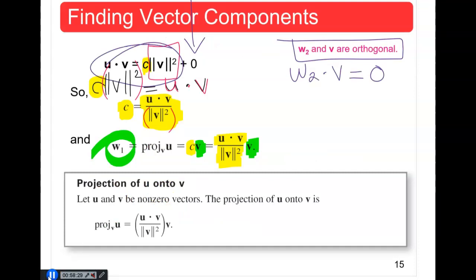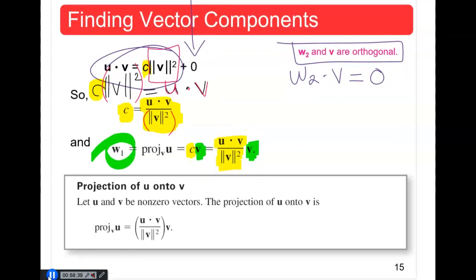So remember that also we said from the beginning, from the diagram, that vector W sub 1 is a scalar multiple of vector V. And it could look like, if this is vector V, it could be like an extension of it, or if the scalar was negative, it could be going in the opposite direction.